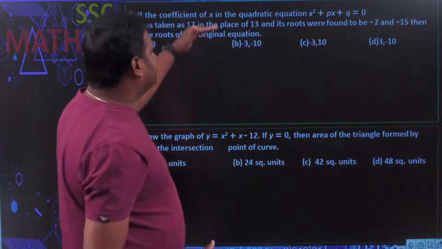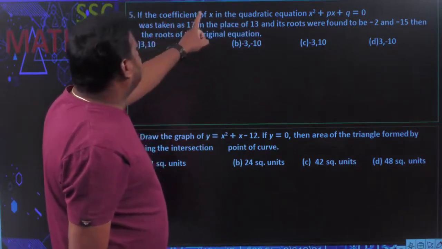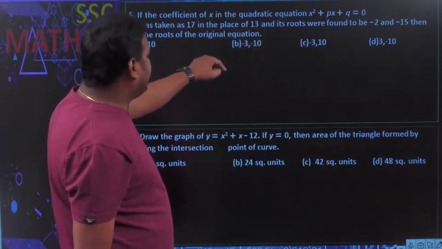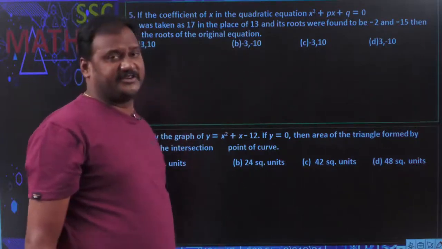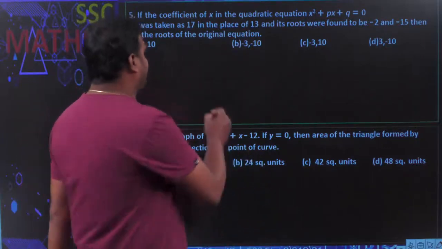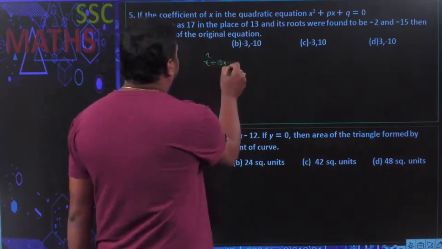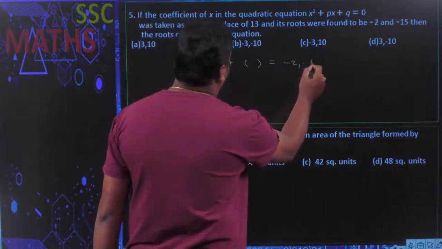See here, if you observe the information given, the coefficient of x in the quadratic equation was taken as 17 in the place of 13. But the coefficient of x should be 13. It means x square plus 13x plus something, whose roots are minus 2, minus 15.